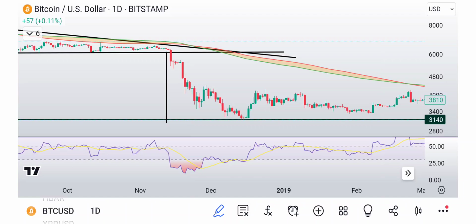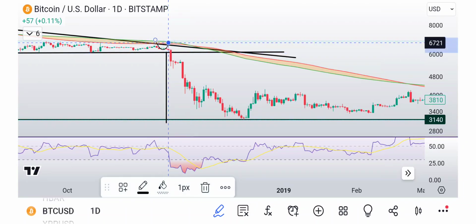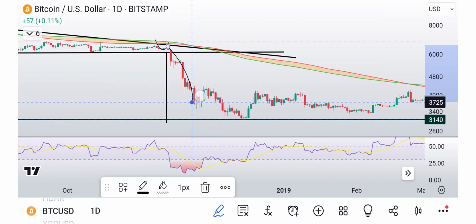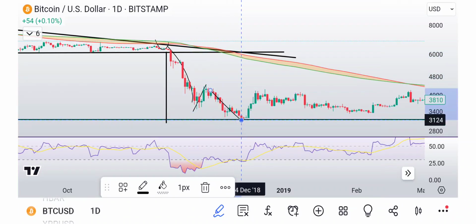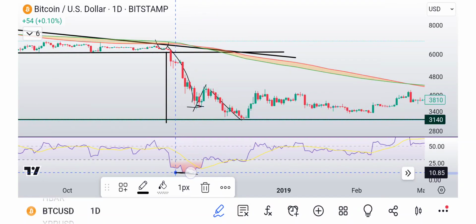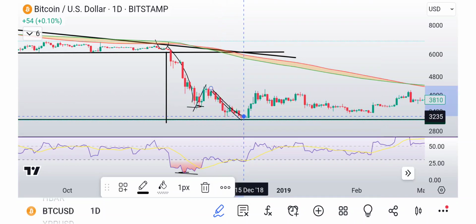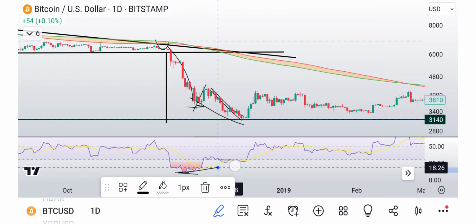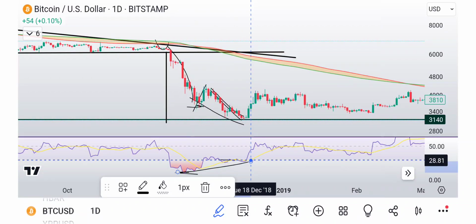I'm on the daily, but if I zoomed in, you would see a 1, 2. This was 3, this was 4, and this was 5. And we had divergence. So you could see the 4th wave where we were really oversold. Then we come down for the 5th wave, but look, the price is going down, but the RSI is going up. So that was my signal, like, okay, we're almost to the line.